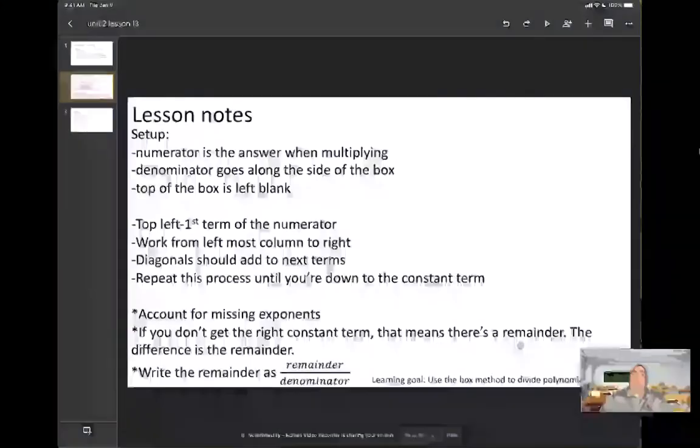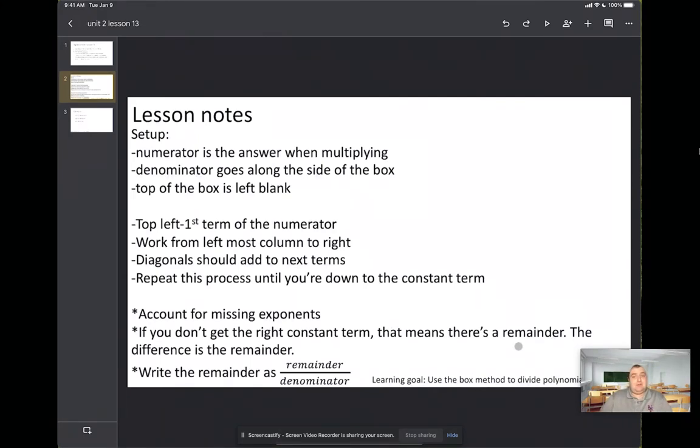You might remember learning about division in elementary school, and you had problems that involved remainders. If there's stuff left over, that stuff that's left over is called the remainder. In fact, whatever the difference is between the constant term that you get and the constant term that you should have gotten is what the remainder is.